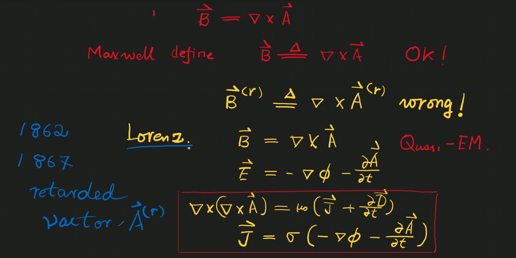In his theory, he did not introduce the magnetic field B or any electric field E. He just used A and also phi.